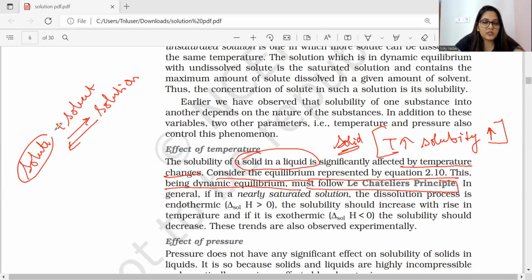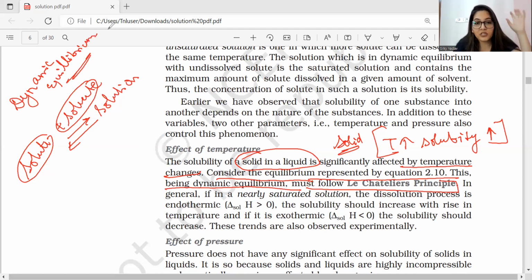So whether the solute dissolves more with the increase of temperature will depend on the type of temperature change that is going to take place, and that is governed by the Le Chatelier principle. Whenever we talk about a dynamic equilibrium, we have to talk about this Le Chatelier condition, because wherever there is a dynamic equilibrium, Le Chatelier is going to come into play.